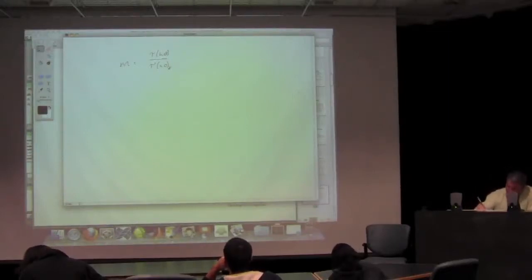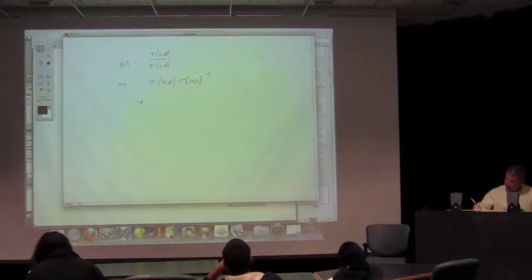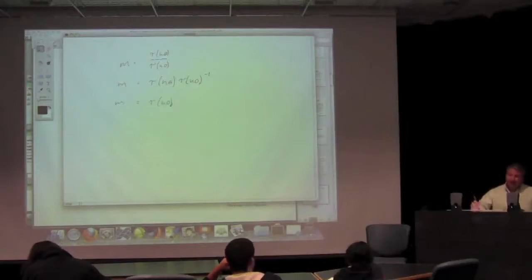All right, I can rewrite that, right? I can say m equals tau_H theta times tau_H0 to the minus 1. And if you remember, we can rewrite tau_H theta in terms of tau_H0, right? We can say m equals tau_H0, what?